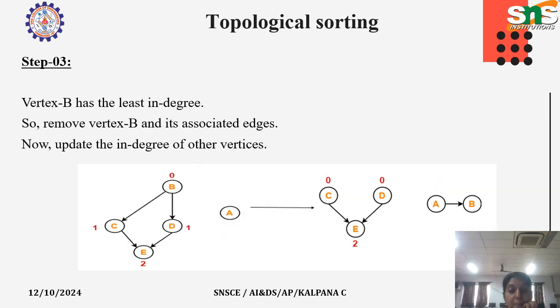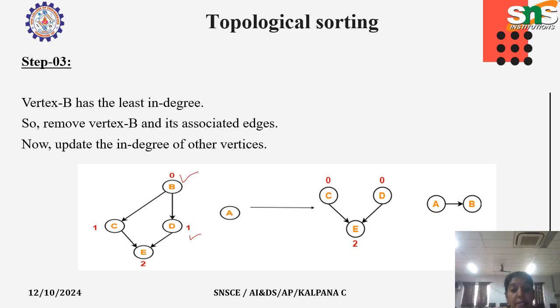As step 3, vertex B has the least in degree. Now I have found the in degree for each vertex, and then I have to repeat this process. Find the in degree of each vertex.